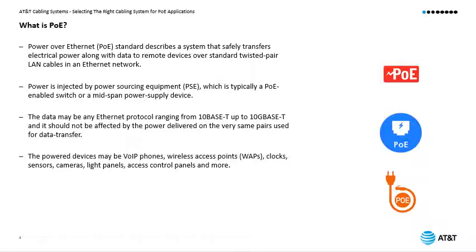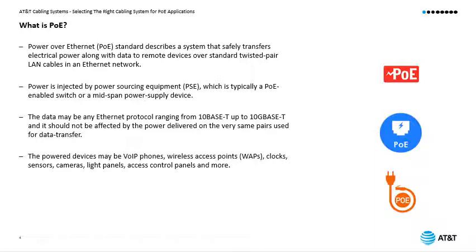Power is injected by power sourcing equipment or PSE, which is typically POE-enabled switch or mid-span power supply device. Then the data may be any Ethernet protocol ranging from 10 base T up to 10G base T, and it shouldn't be affected by the power delivered on the very same pairs used for data transfer.